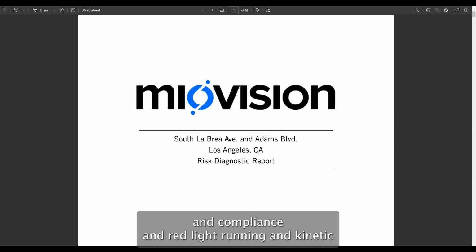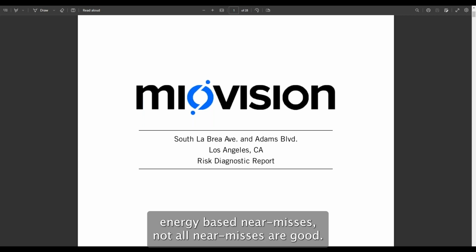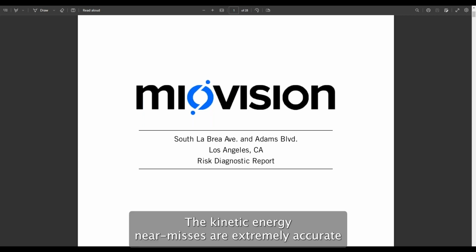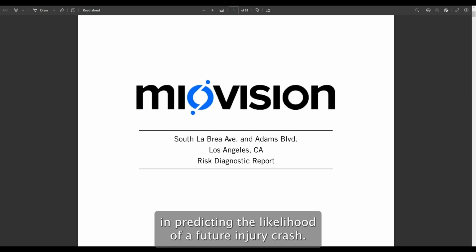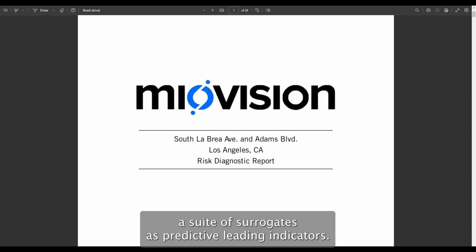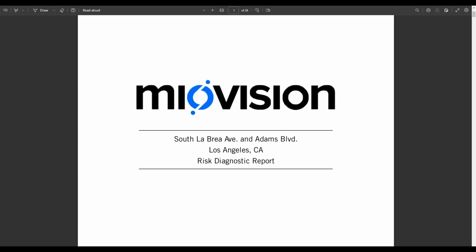And compliance and red light running and kinetic energy based near misses. Not all near misses are good predictive surrogates, but kinetic energy based near misses are extremely accurate in predicting the likelihood of a future injury crash. So it is good for agencies to use a suite of surrogates as predictive leading indicators if they're scientifically sound.